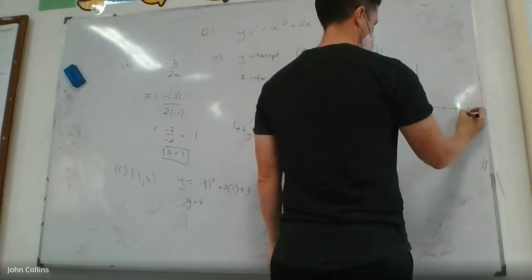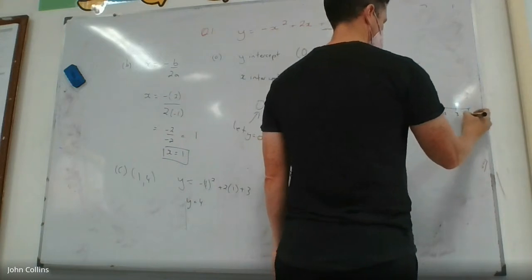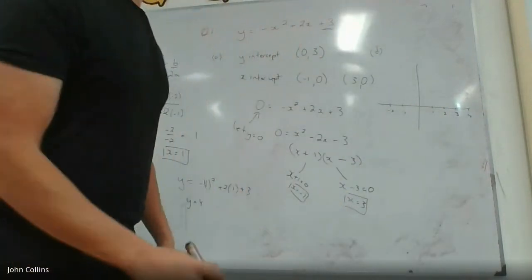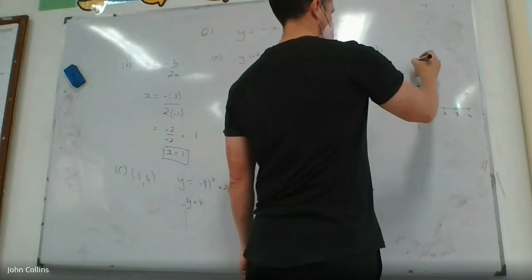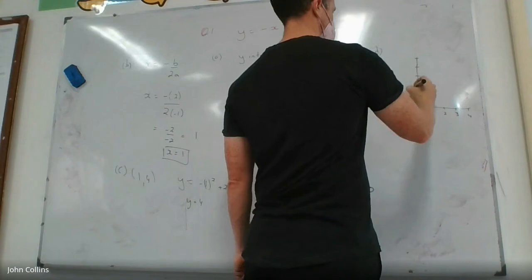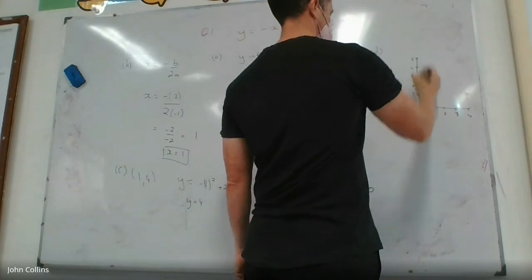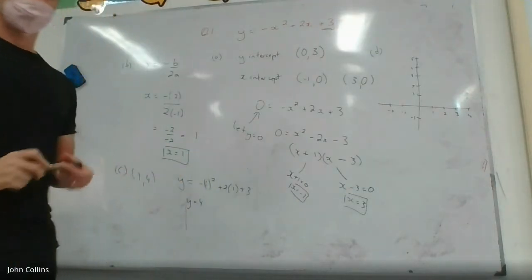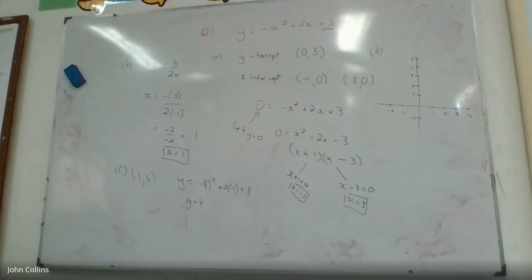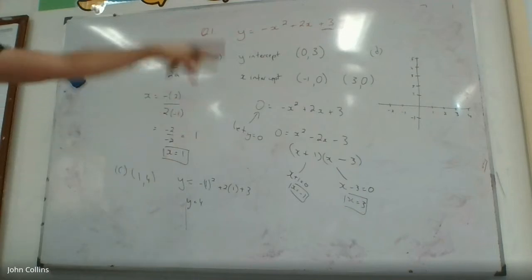I do need to go up to 3 on the scale on the other side. I need to go up at least to 4. So maybe I'll go up to 5. And down to -1 because I don't see any minus on the y's. That's just setting up the axis. It's a skill in itself. Don't draw the axis until you know what points you have.